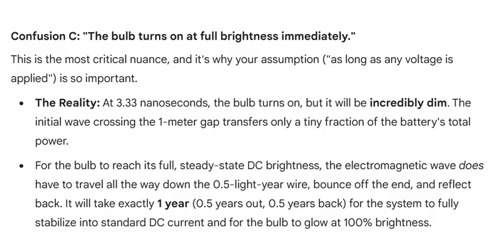For the bulb to reach its full, steady-state DC brightness, the electromagnetic wave does have to travel all the way down the 0.5 light-year wire, bounce off the end, and reflect back. It will take exactly 1 year, 0.5 years out, 0.5 years back, for the system to fully stabilize into standard DC current and for the bulb to glow at 100% brightness.